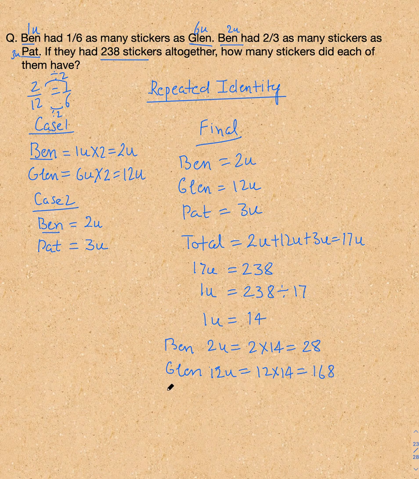And how about Pat? Pat is 3 units, so 3 times 14, and it will give me 42. So that's how much each of them will be having separately. Ben will be having 28, Glenn is having 168, and Pat is having 42.